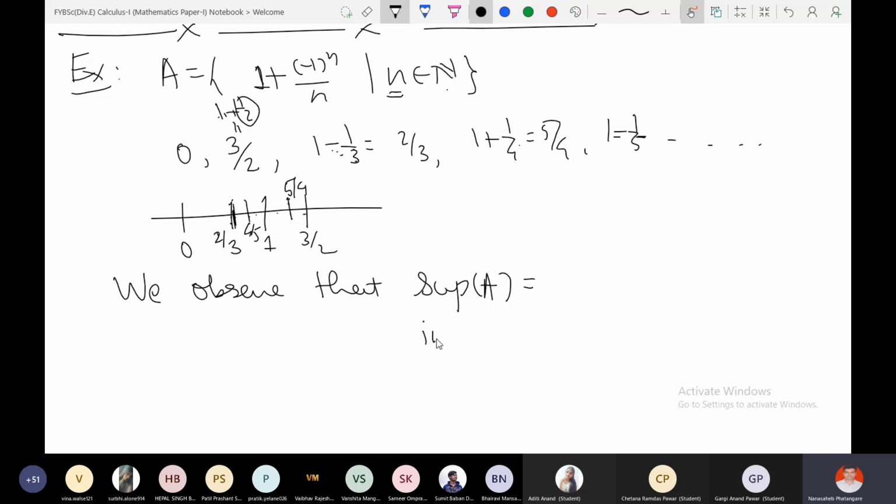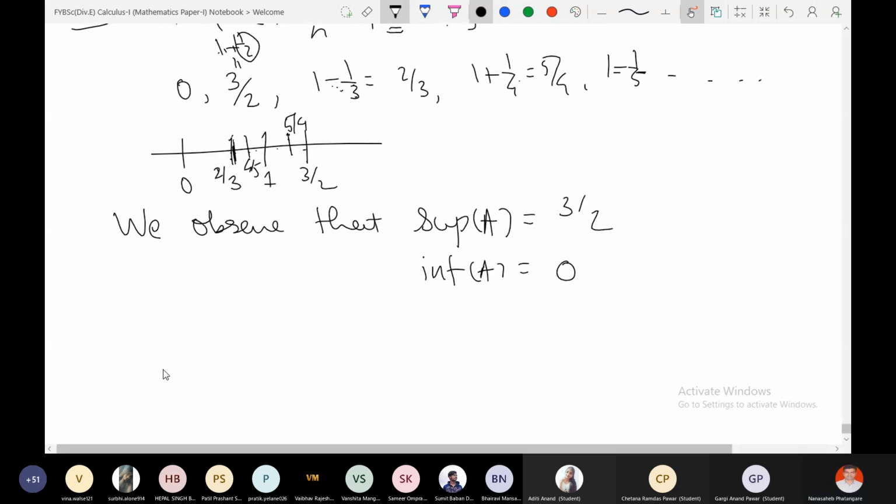This is an observation, and the infimum is 0. This is an observation, but can you give me proof?